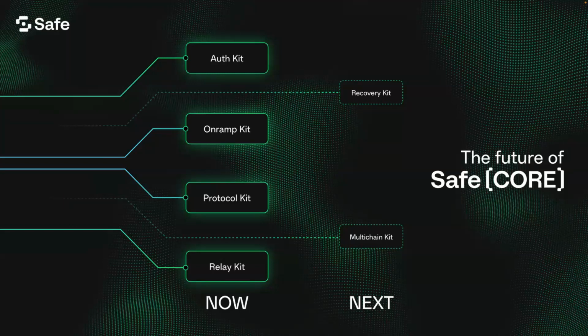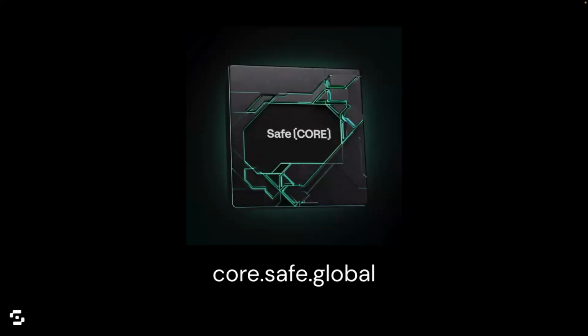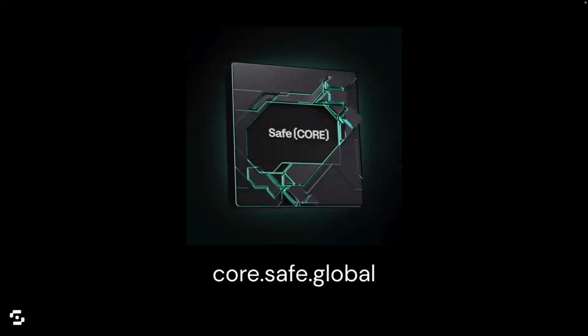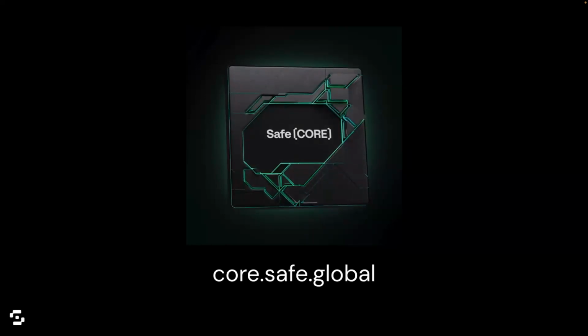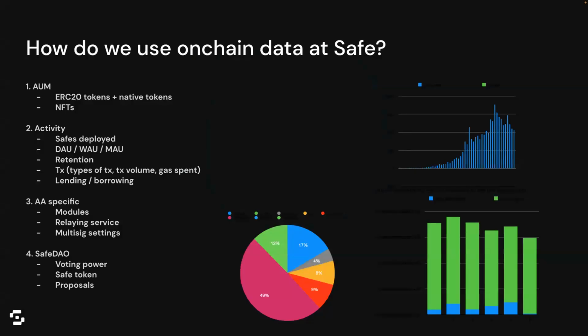Soon it will also be multi-chain and recovery kit, hopefully. You can stay tuned and also look into our developer documentation here at Core Safe Global. And moving forward to what we do in the data team for our use case at Safe.